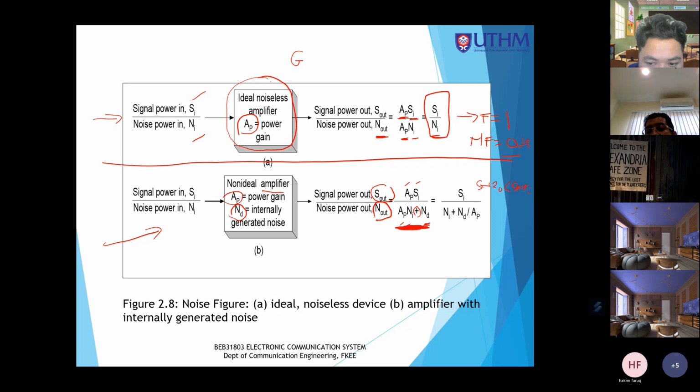So you're going to see later that SNRO less than SNRI. Okay, so this is a non-ideal case where the device produce internally generated noise. Okay, so dalam case ini kamu akan lihat nanti bahawa F is larger than 1. Okay, and also that means F in dB is larger than 0 dB.